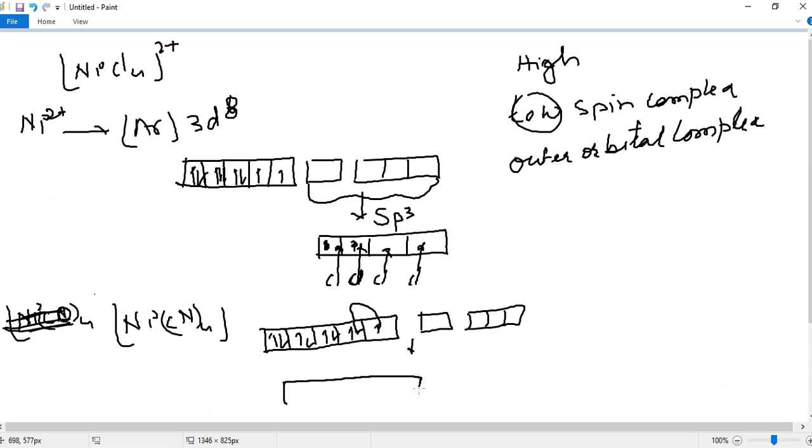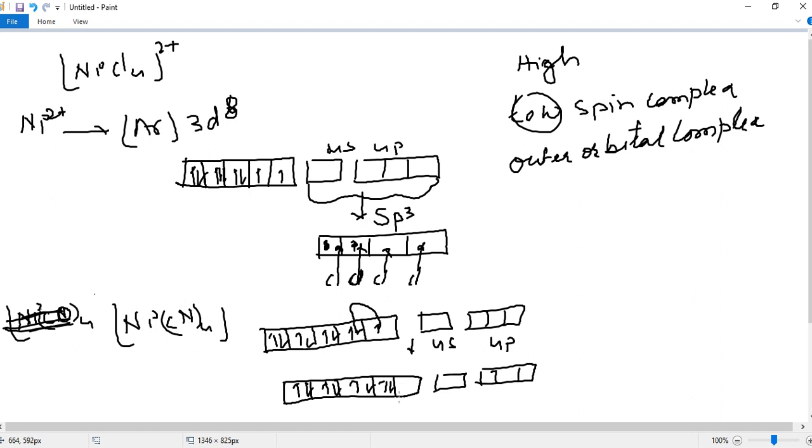This is 1 2 3 4 5 6 7 and 8, and one orbital is vacant. So one d orbital is also used. This is 4s, this is 4p, and now 1d is available.